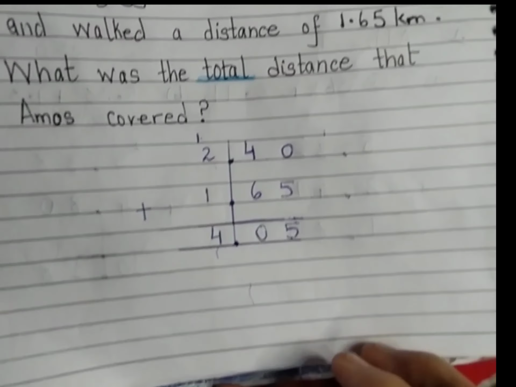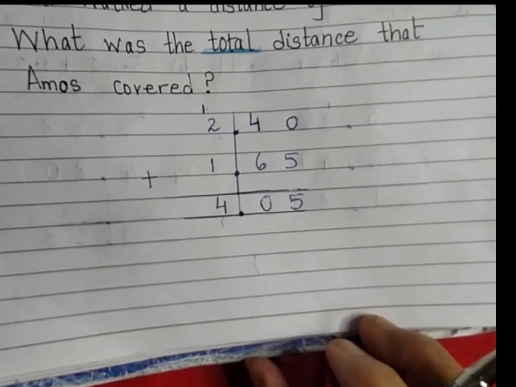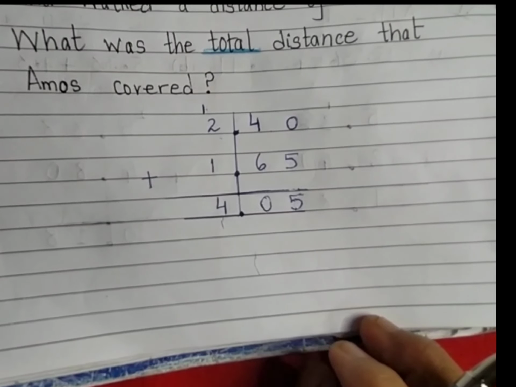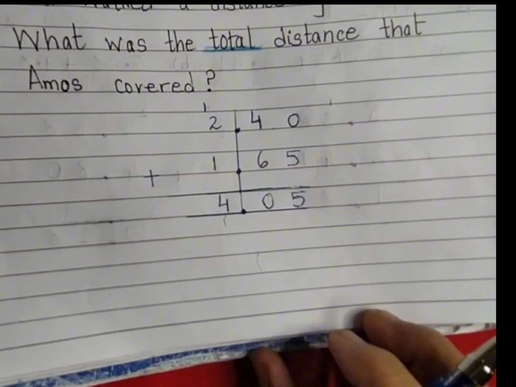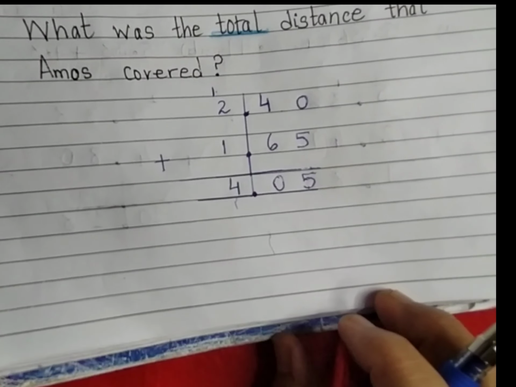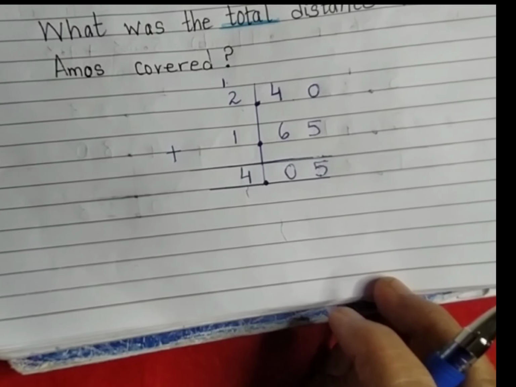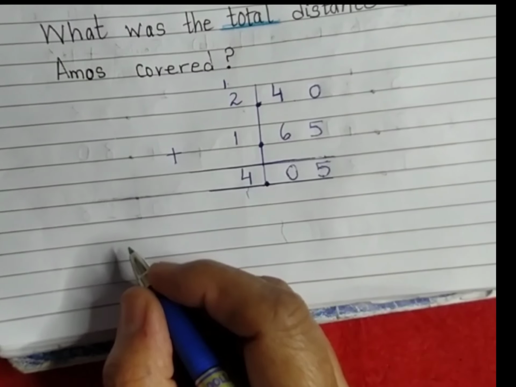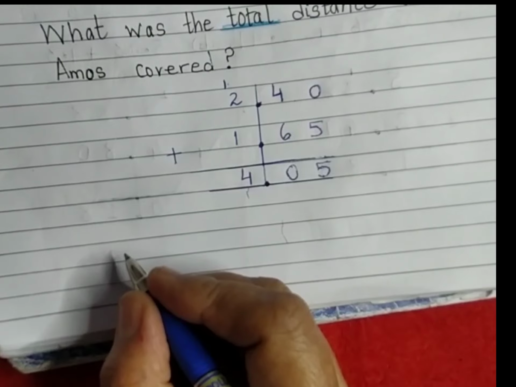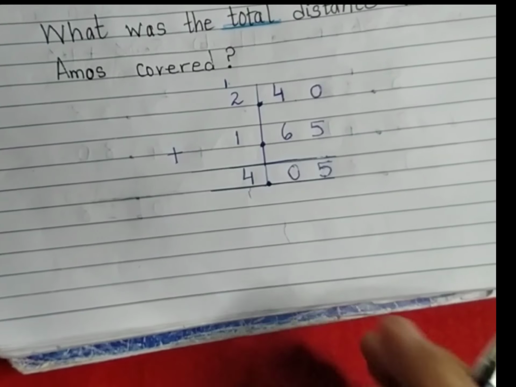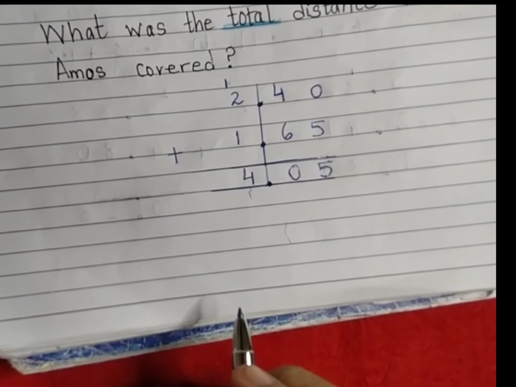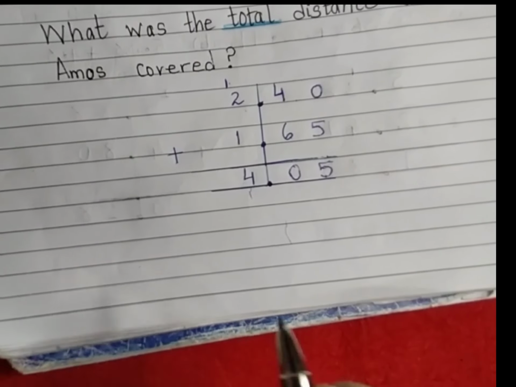This is your answer. But do you think you should write the answer statement? Yes, it is a very important thing. Always remember, answer statement plays a very important role there. So what do you think the answer is? The total distance that was covered was 4.05 kilometers. So I'm going to write down the answer statement to help you out with how we write it.